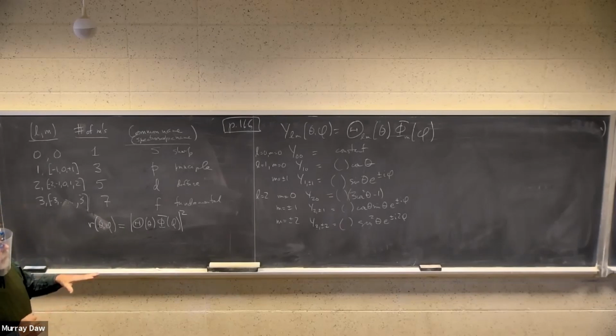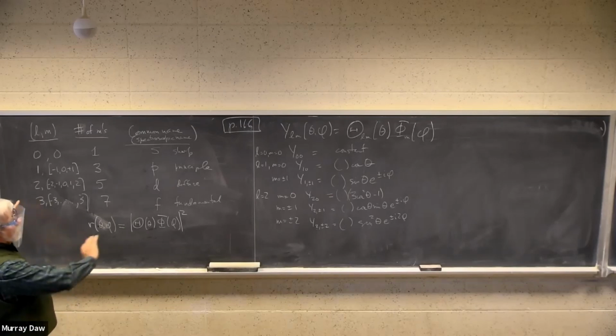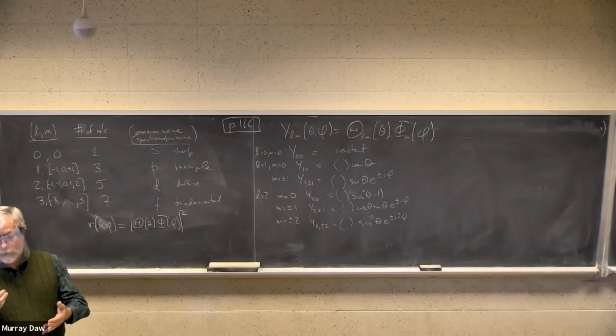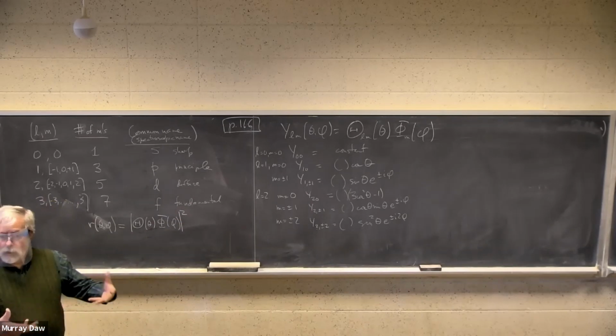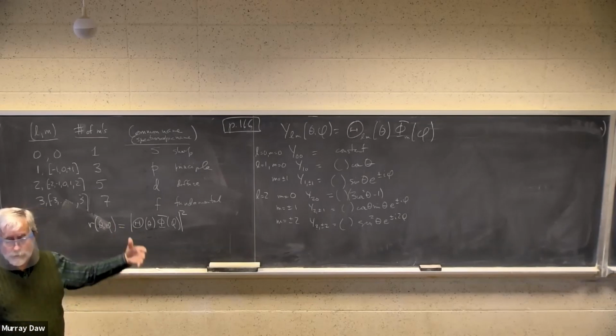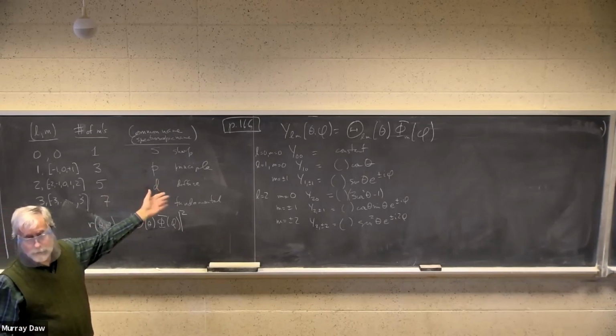Okay, so I want to point out here that the angular part is independent of whether we're doing a particle in the sphere or the hydrogen atom. Or we could do a 3-dimensional simple harmonic oscillator. That would be another version. The angular part is going to be the same in all cases.